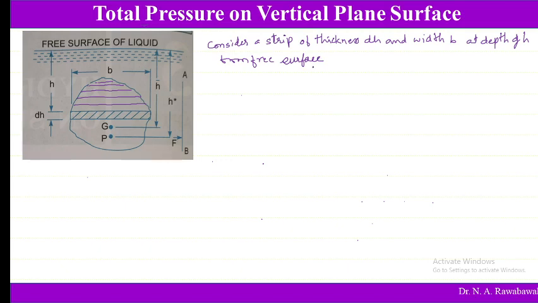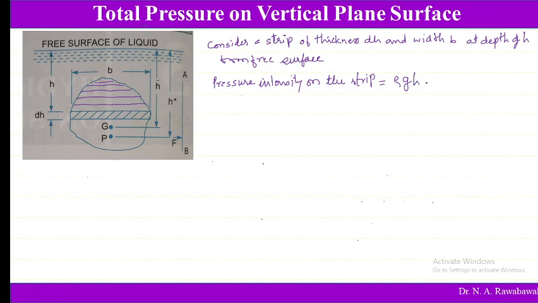Now as we have seen, the pressure acting over a surface at a distance h from the free surface is given by rho gh. So the pressure intensity on this strip: this strip is at distance h from the free surface, therefore the pressure intensity can be obtained by rho gh.